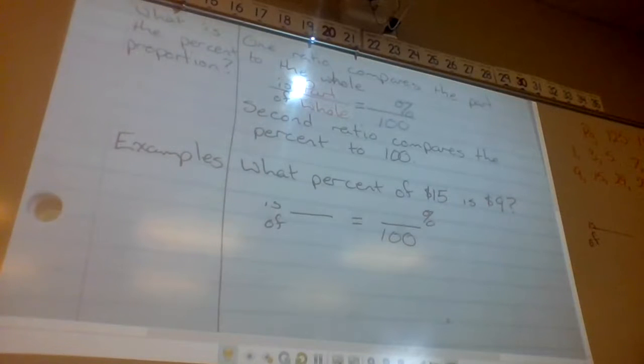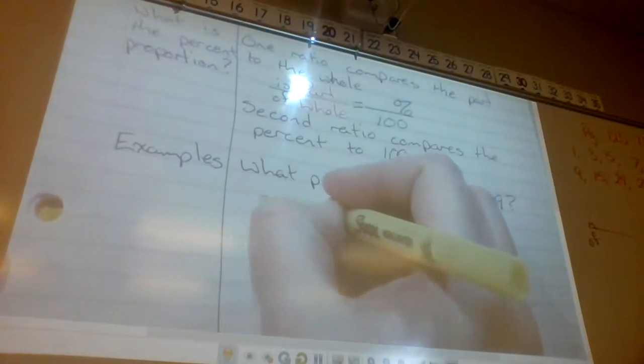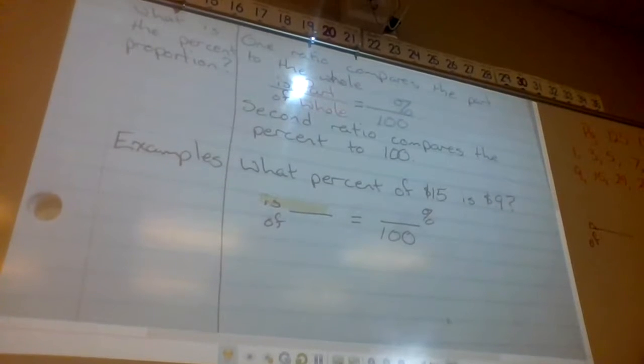Now we have to fill it in. So here's where the colors come in. Pick one highlighter. I don't care which color, just pick one. I want you to highlight is. Now look in the actual problem: what percent of $15 is $9?